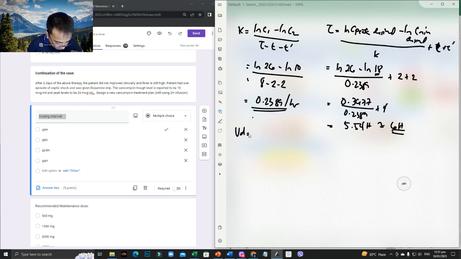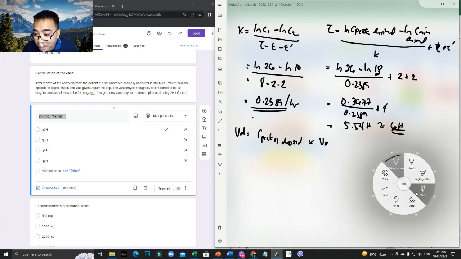Ang formula natin for volume distribution is C peak desired. Yung gusto nating C peak times... Mali, maling formula ang tinitingnan ko.